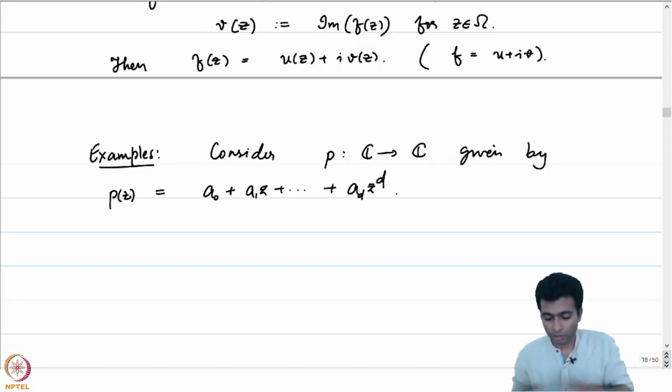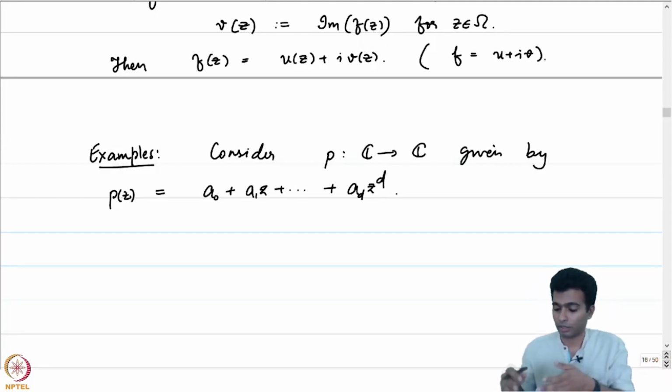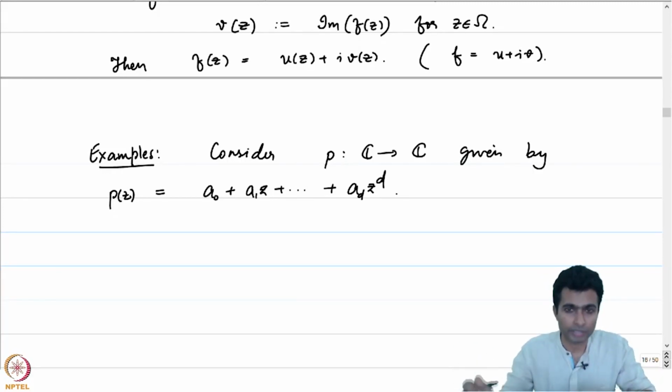Notice that now we are not looking at this as a formal polynomial, rather we are looking at it as a function from C to itself. For every complex number z, we are looking at P of z, which is the complex number given by a0 plus a1 times z plus a2 times z square, adding it up to ad times z to the power d.